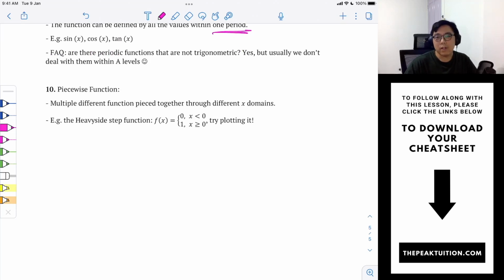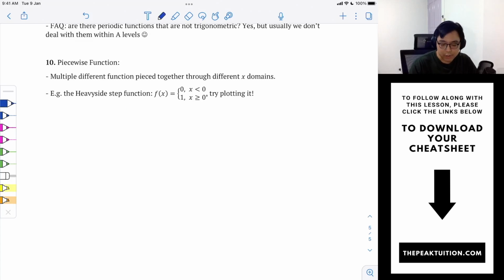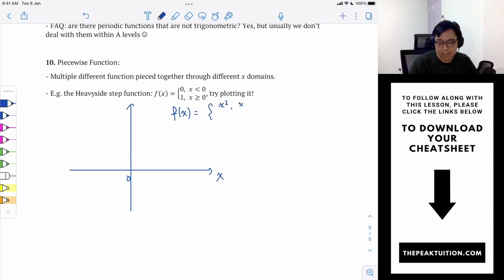So a piecewise function is basically when we have multiple functions pieced together through different x domains. So for example, let's say we have a function f(x) equals x squared when x is less than 0, and x when x is more than 0.